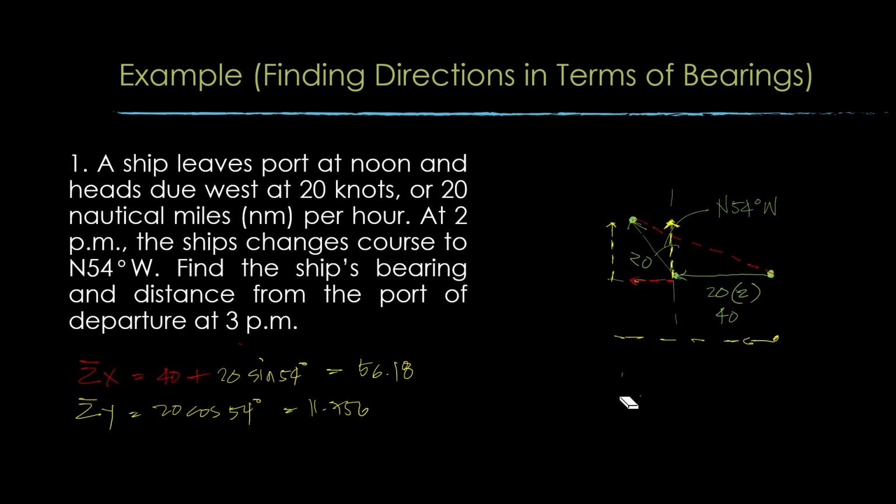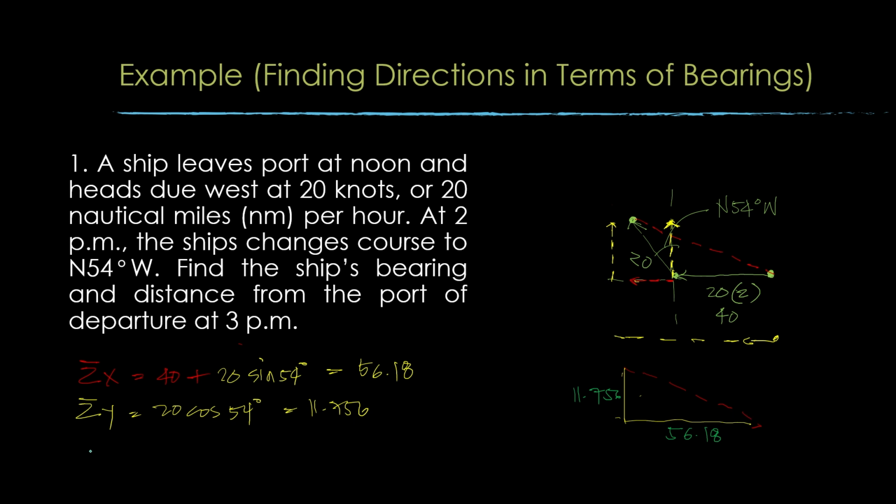So I have this right triangle right here. We now have the values of the summation of all x values, that is 56.18, and the sum of all the y values is equal to 11.756. The question is, how can we find the value of this red line?